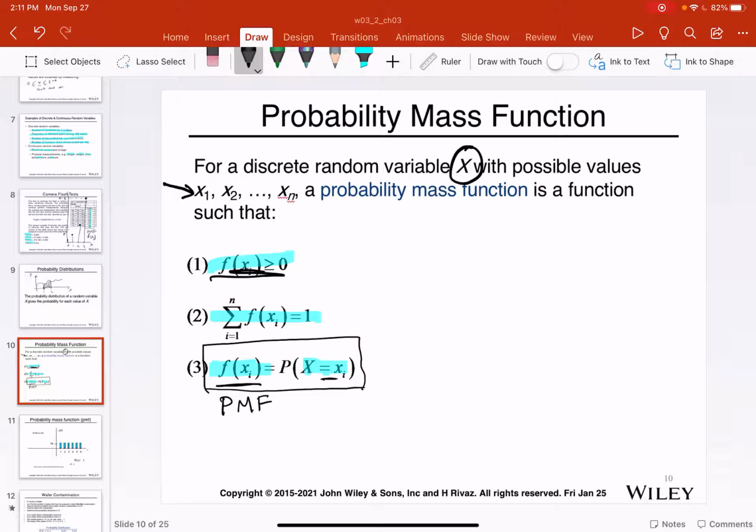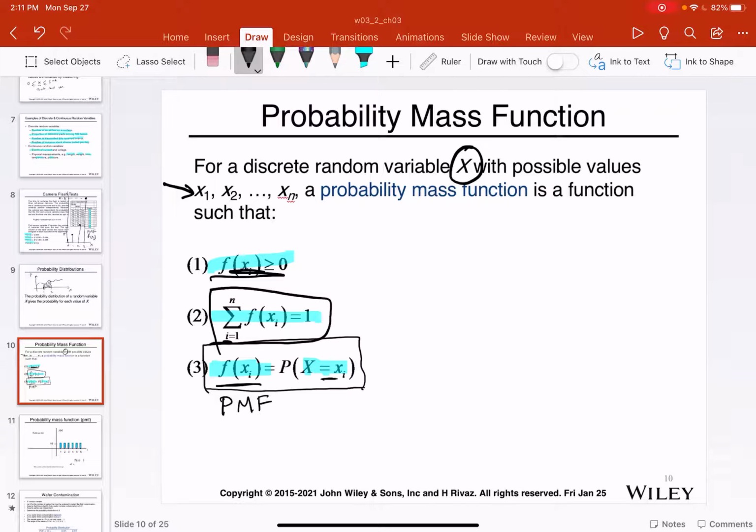And the second one says that the sum is actually 1, which means the total probability is 1 if we look at all the outcomes. In fact, there's one more thing here.